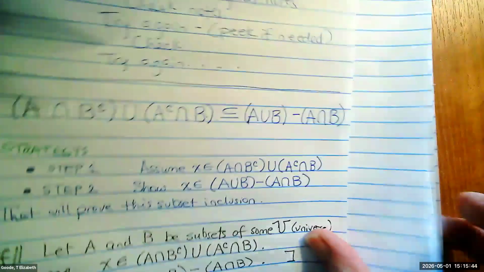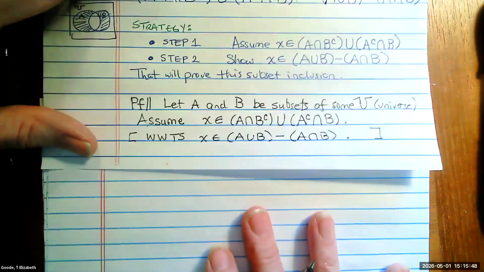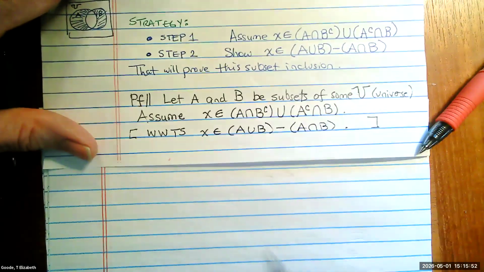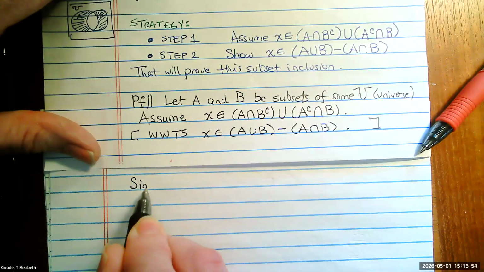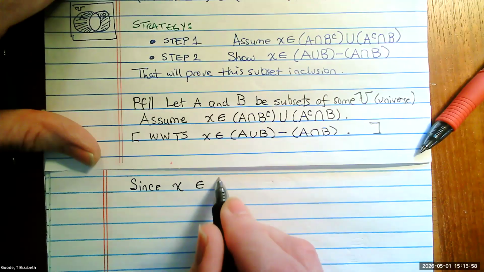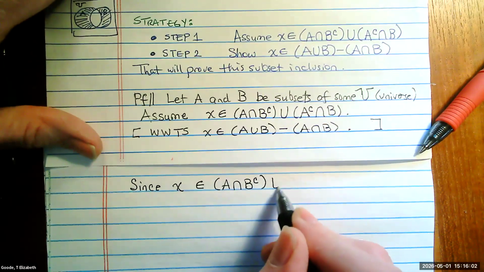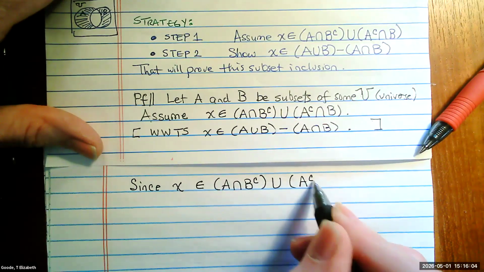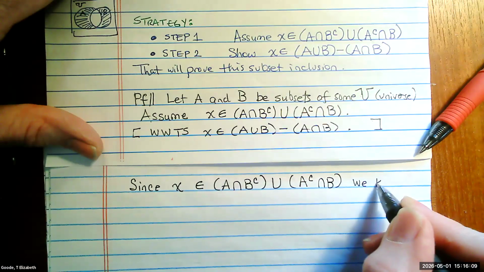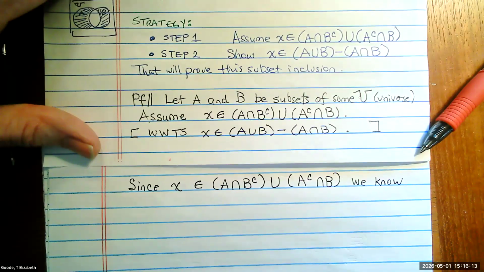So what are we going to break down first? Let's look at our hypothesis. Since X is an element of A intersect B complement union A complement intersect B, what do we know?